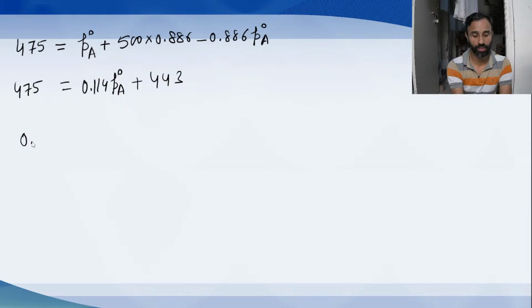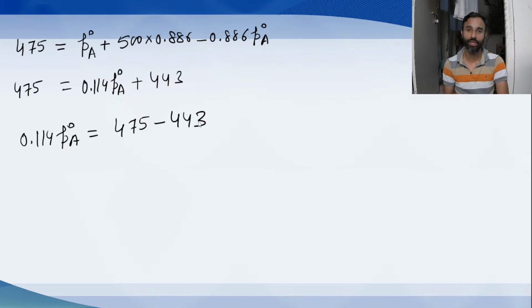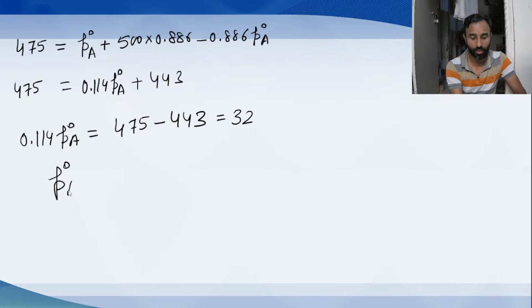In this way 0.114 P naught A is equal to 475 minus 443. Now 475 minus 443 is equal to 32. So P naught A equal to 32 upon 0.114.